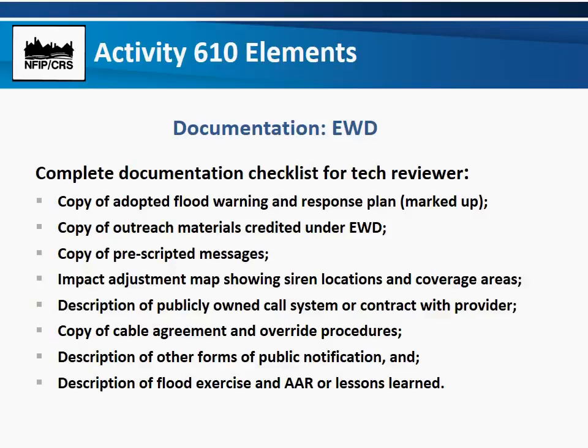Description of other flood or other forms of public notification. This could be electronic signs that are used on the highway, your social media reports, being Facebook, Twitter, anything like that. And then the description of flood exercise and AAR, which is after action review or report, and lessons learned.